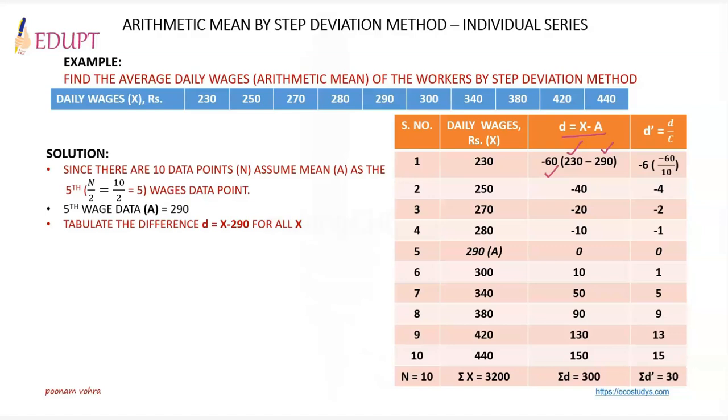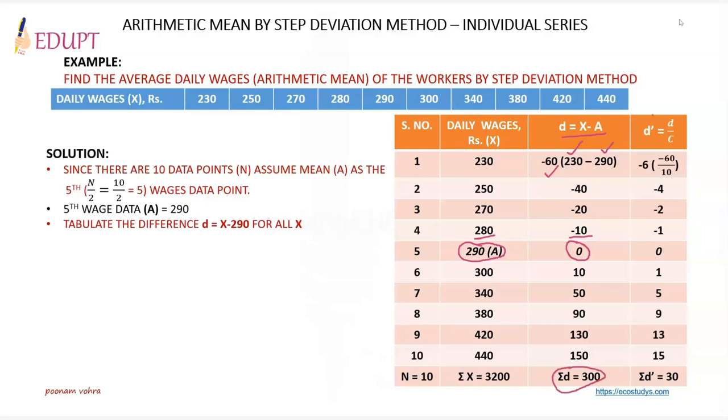Till the fourth observation, we get values in negative. Fifth observation would be 0, since the value is same as assumed mean, that is 290. Thereafter, we get all deviations in positive, and we can find summation of deviations, which is 300 in this case.